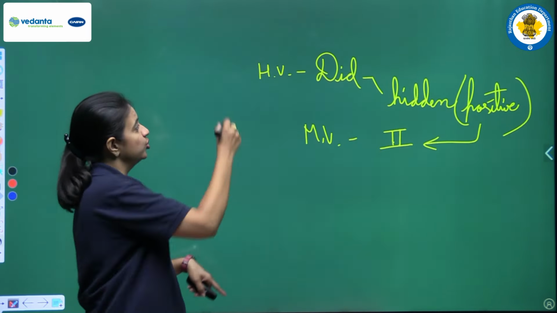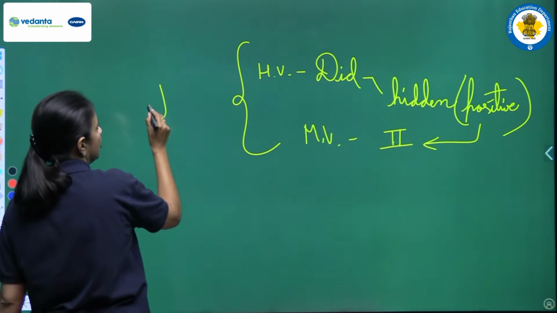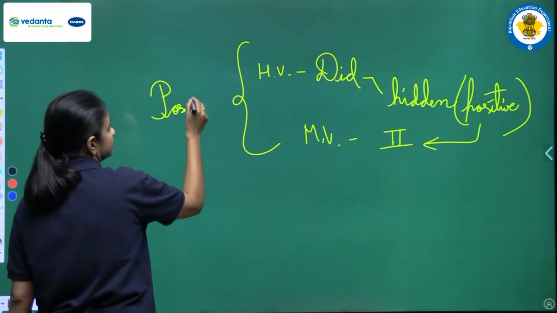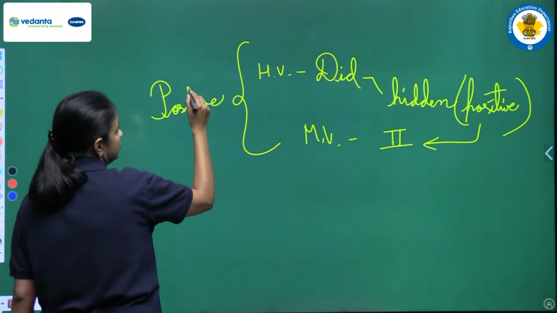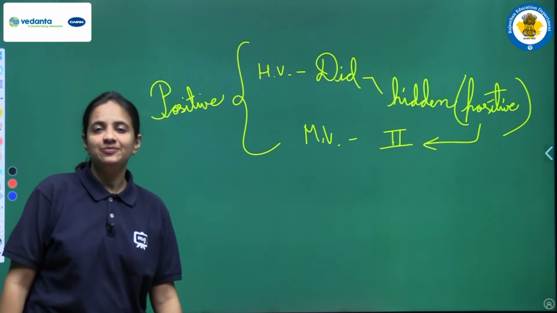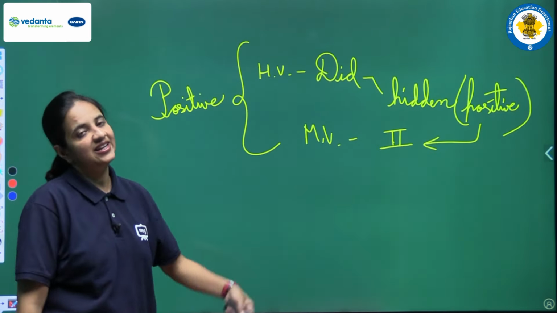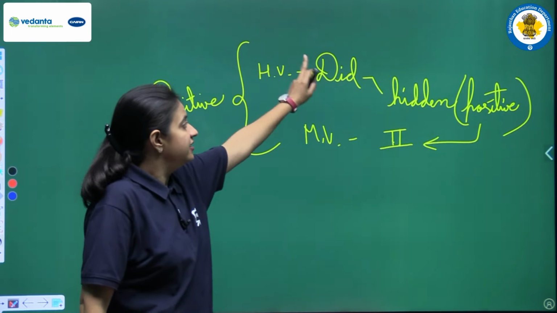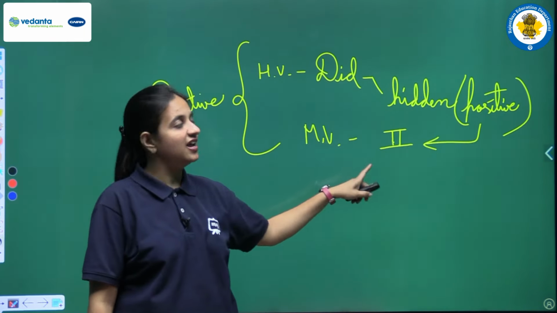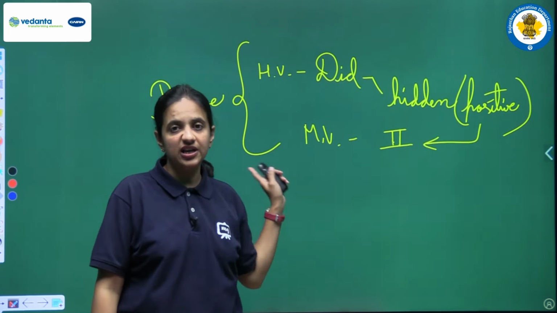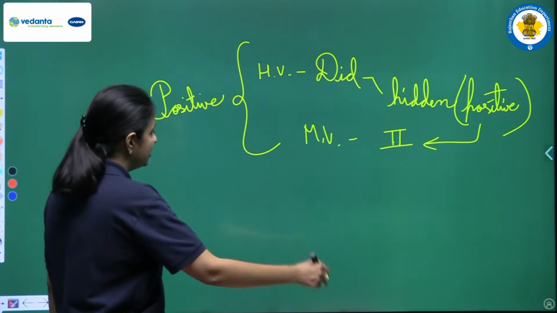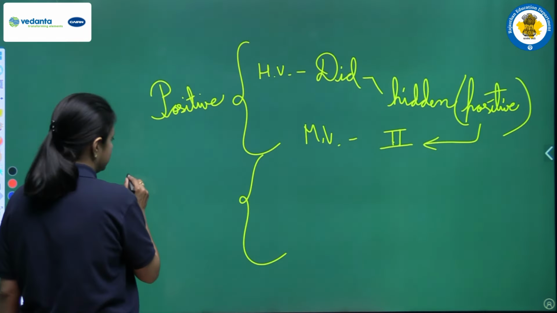So these are the rules that are related with positive sentence. So if the sentence is a positive one, it means that it is neither a negative sentence nor an interrogative sentence. So in that sentence, did will be hidden, and at that time we have to write second form of the main verb. Okay. Now let's talk about negative and interrogative.